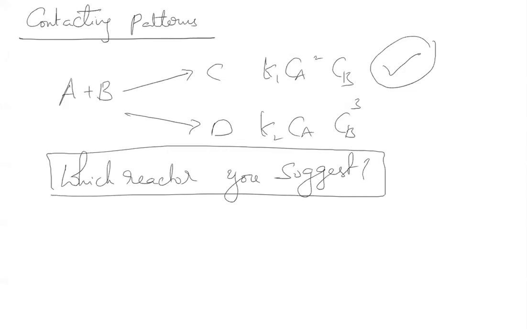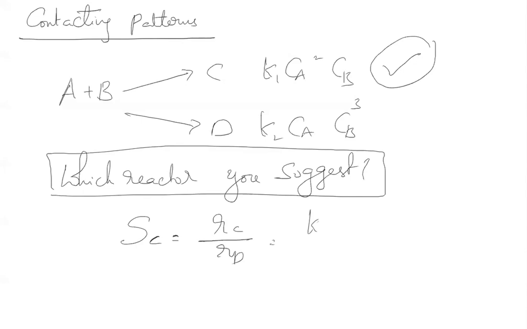So how do we suggest reactor selection? You should go to selectivity. Selectivity of C is the rate of C formation divided by the rate of D formation.